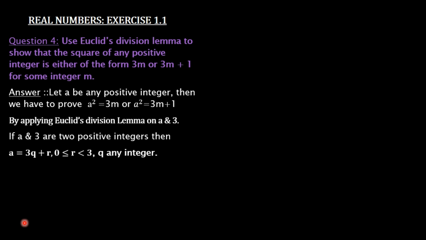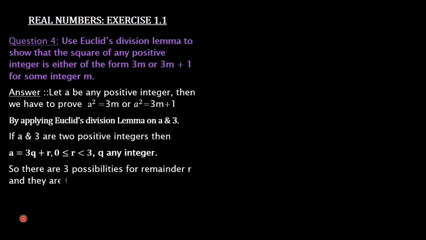Then here we have 3 possibilities for r, that is r equal to 0, r equal to 1 or r equal to 2. Then we have to check these 3 possibilities and check whether we have a square equal to 3m or a square equal to 3m plus 1. So there are 3 possibilities for the remainder r, and they are 0, 1 and 2.